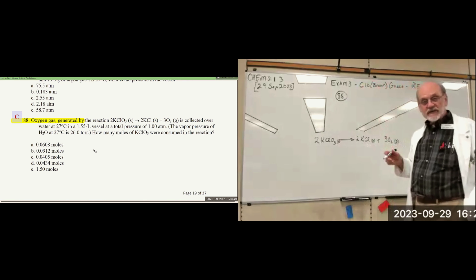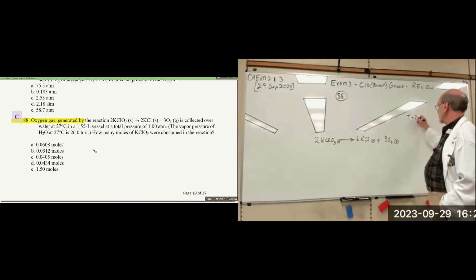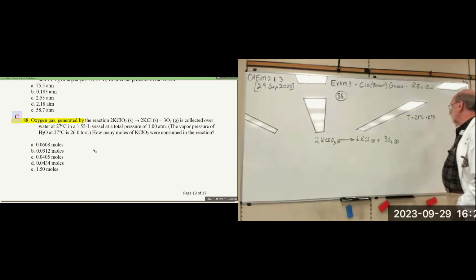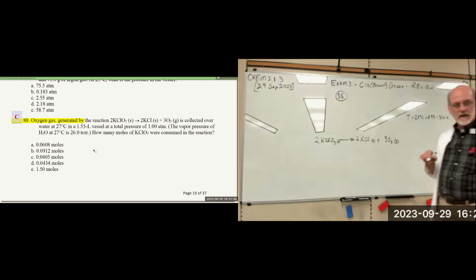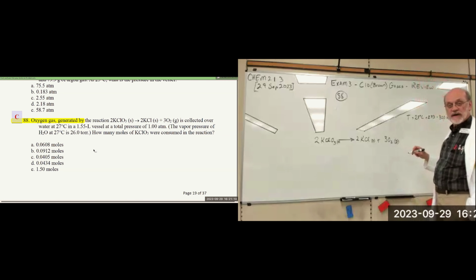All right, we're given conditions. Temperature is 27 degrees Celsius plus 273. I know we're probably going to need that. So it's 300, right? Okay. And the volume of the vessel is 1.55 liters.